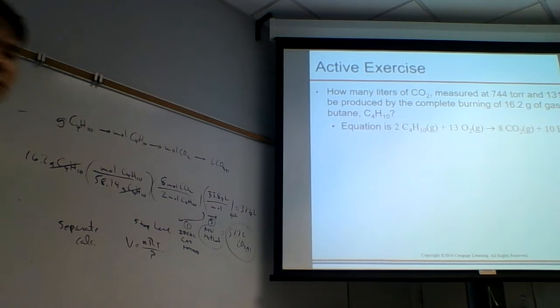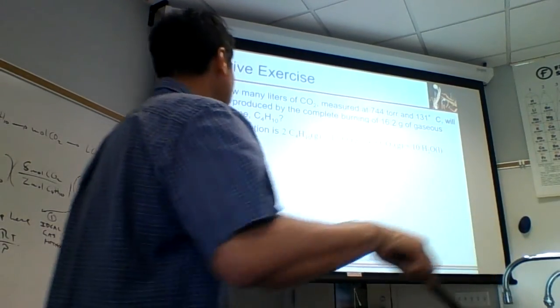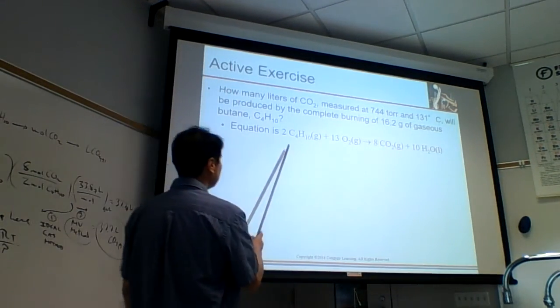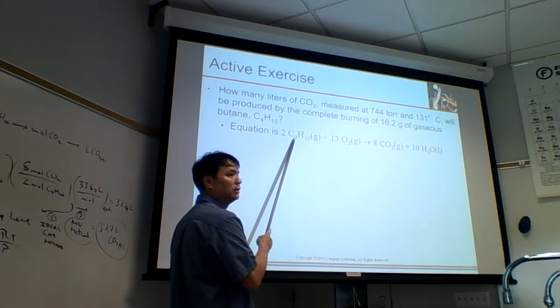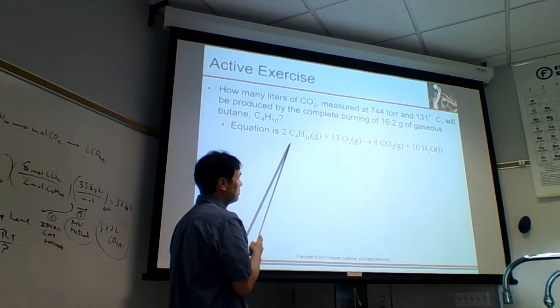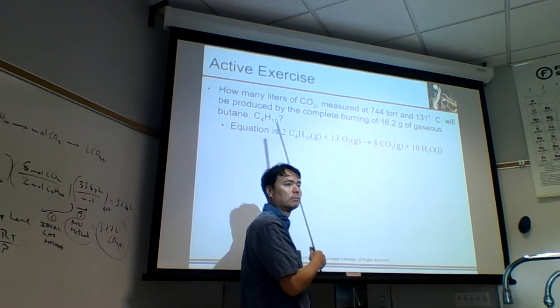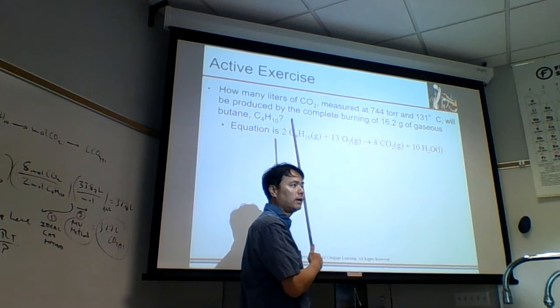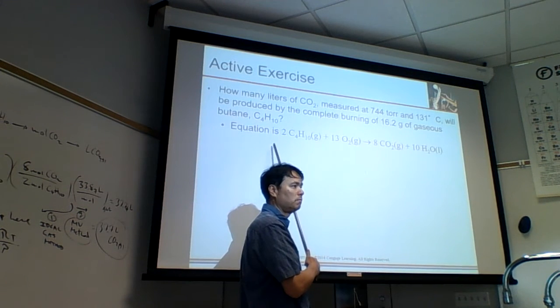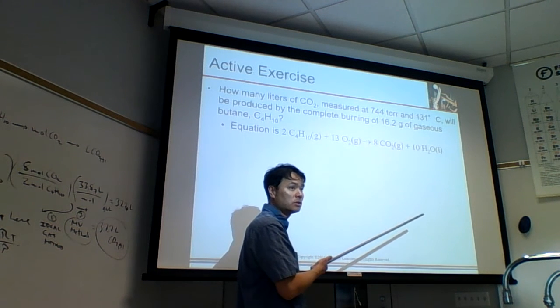If on the other hand, let's say they gave me 2 liters. If I combusted 2 liters of butane under this pressure and temperature, how many liters of CO2 would I get? If I combusted 2 liters of butane, how many liters of CO2 would I get under the exact same conditions?